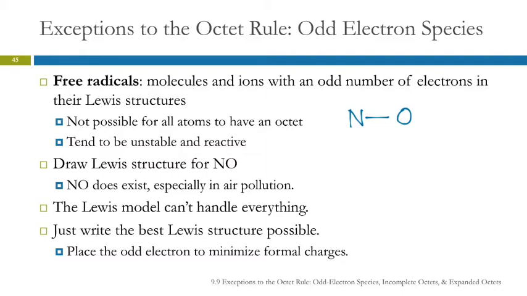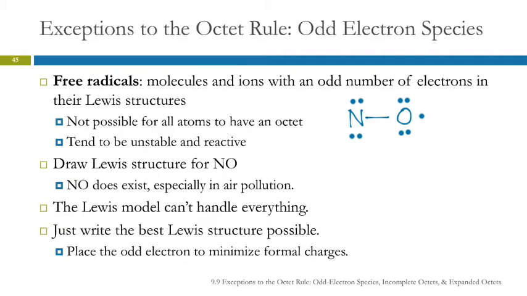Nitrogen has 5, oxygen has 6. 5 plus 6 is 11, right? So we've got 11 electrons. We'll try to put these around here. So we've got 2 from the bond, 4, 6, 8, 10, 11. Right? So an odd number, we can tell that this is not going to be nice.